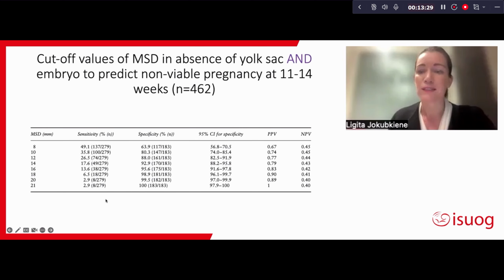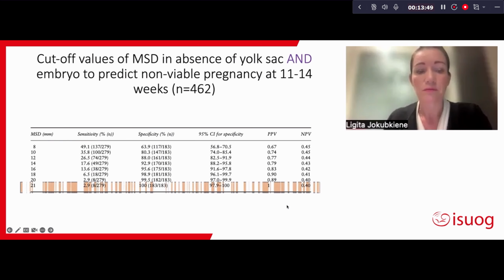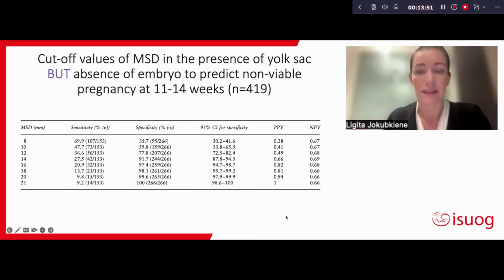Of course, sensitivity is very low in this case, but if we look at the specificity, which I think is the most important, because we do not want to miss any viable pregnancies and treat them as miscarriages, it was reached at 21 millimeters in diameter of mean gestational sac.